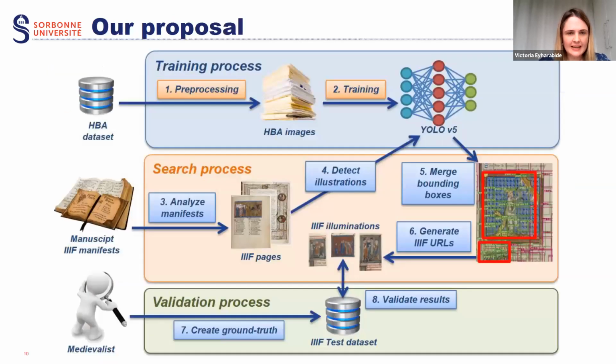So this slide shows an overview of our proposal using the state-of-the-art YOLO, which is an algorithm for classification and object detection. We have three processes: training, search, and validation process. I will explain this process in detail.